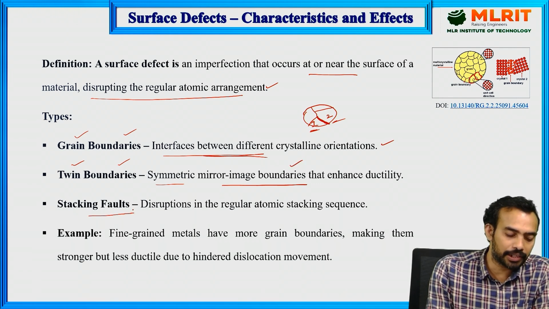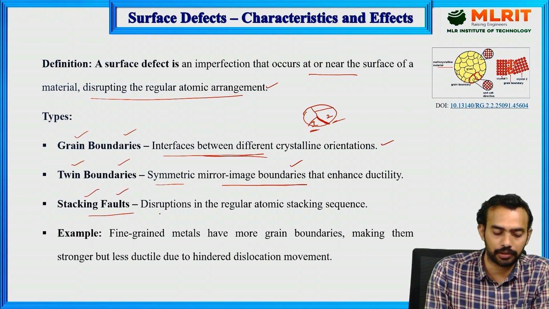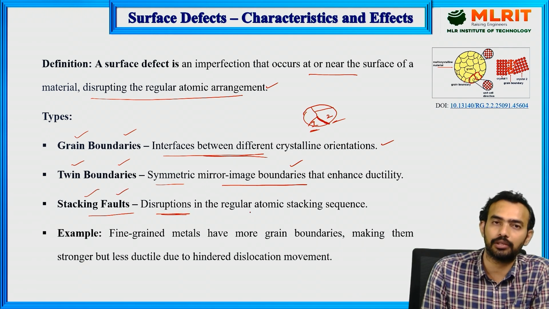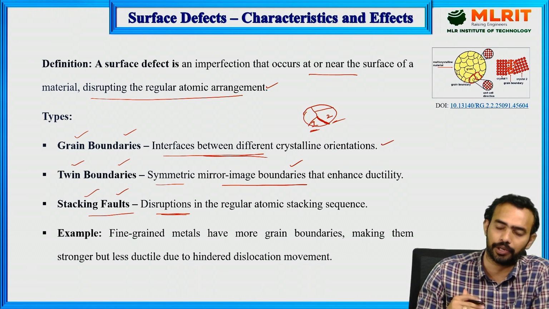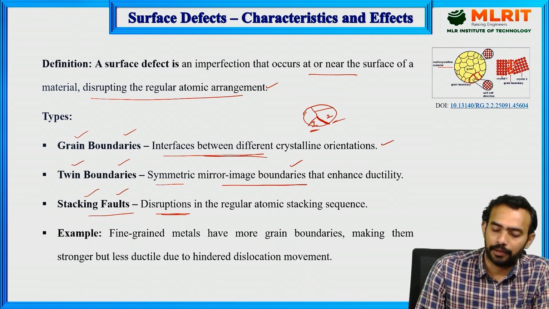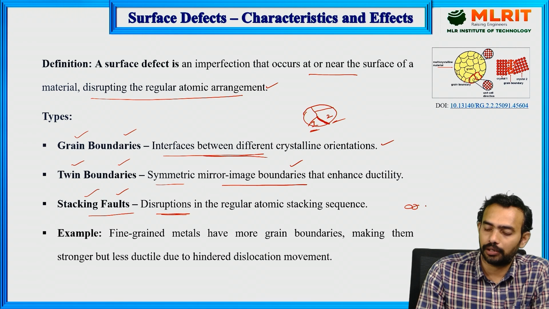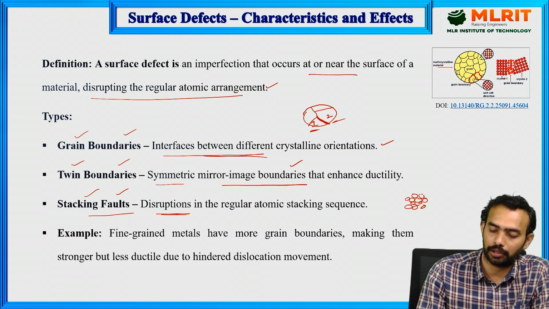Then we have the stacking faults. Stacking faults are caused due to the disruptions in the regular stacking sequence. So if the atoms are stacking in this way, next again something like this, again something like this, instead of that, another disruption has happened and another orientation is also similar to this.